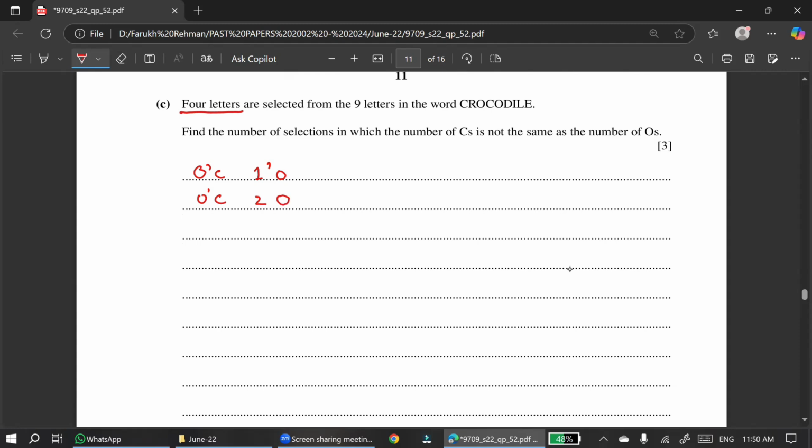We cannot select 0 C and 0 O. Now we will select 1 O, 1 C and 0 O.